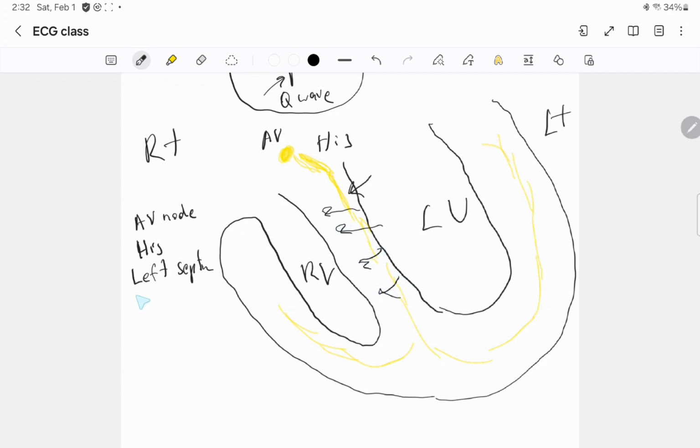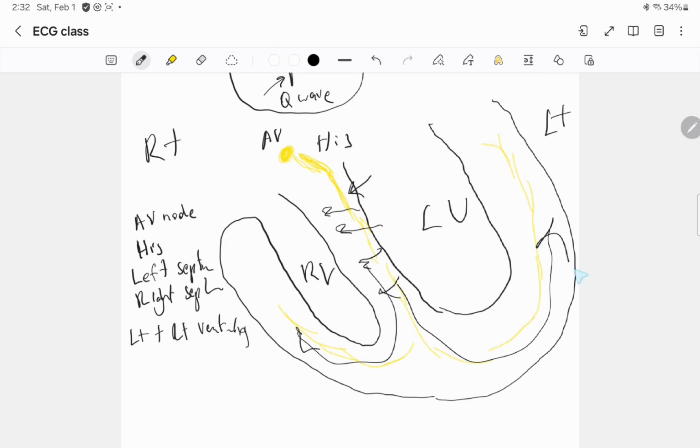Left septum, then right septum, then left plus right ventricles. So the impulses just spread around like that. That's a lot of information: AV node, His bundle, left septum to right septum, then both of the ventricles.